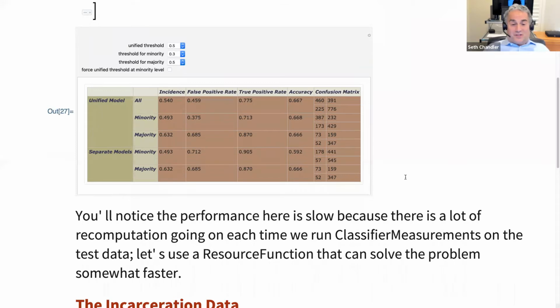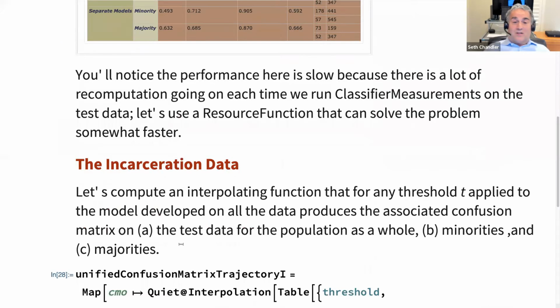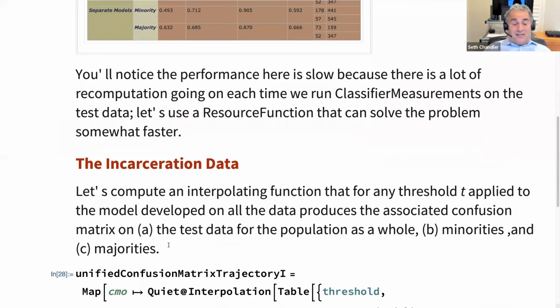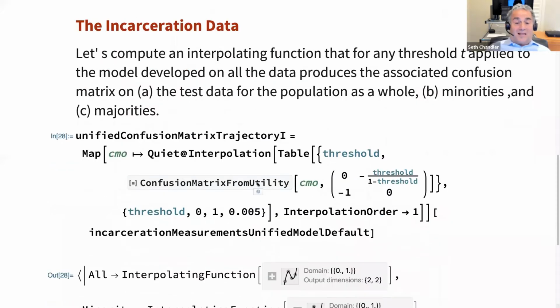You'll also notice that I tried to mask the fact that my code was slow by using little buttons here rather than having sliders. And so what I developed was a resource function that can enable this sort of computation more quickly. And I just had a very good discussion with Campbell-Nald about how this functionality might be placed more directly into things like ClassifierMeasurements.